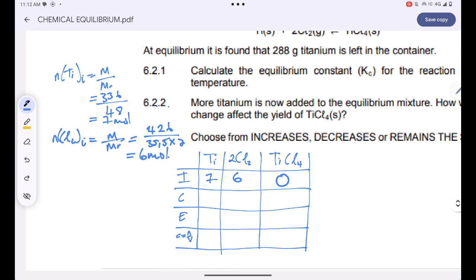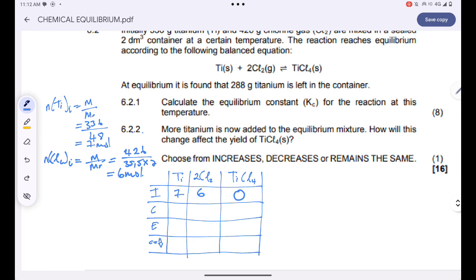Okay, and then I was also told that at equilibrium, I'll be left with 288 grams of titanium. The number of moles of titanium at equilibrium is the mass at equilibrium divided by the molar mass. That's basically 288 divided by 48.